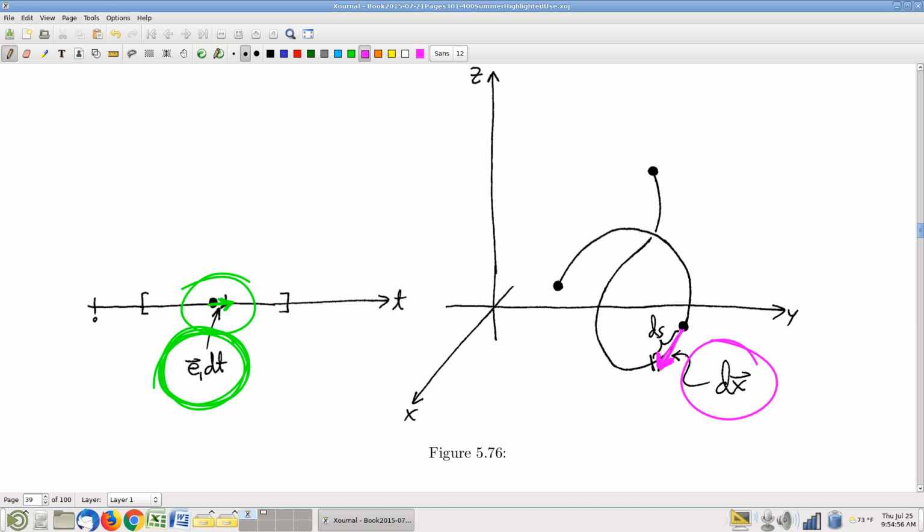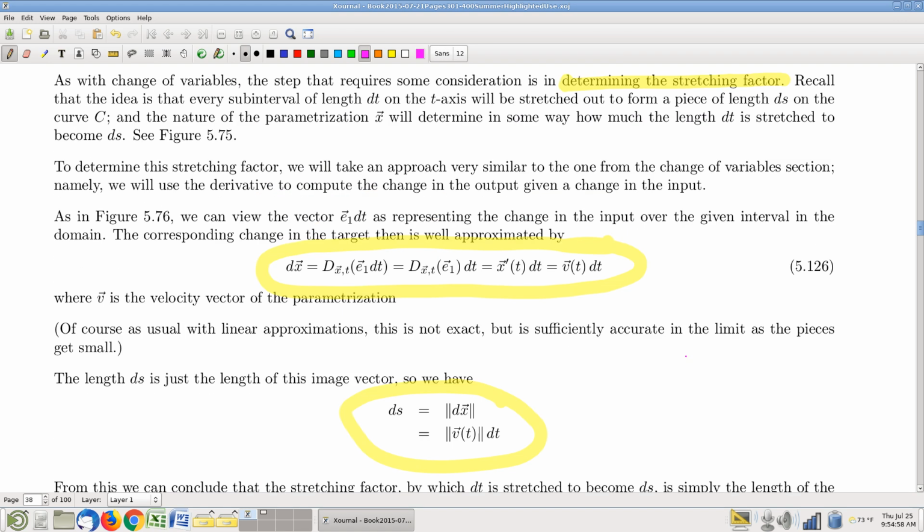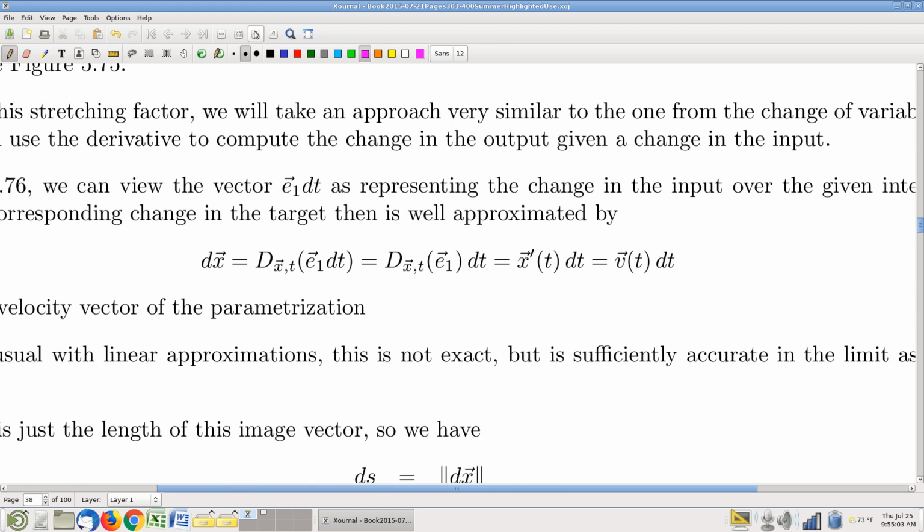Okay, so let's see that calculation then. We want to figure out this output vector dx and how that comes from this input vector E1 dt. The derivative transformation is the thing that does that job. Now we just have to compute. Good news, dt is a scalar. It factors right out.